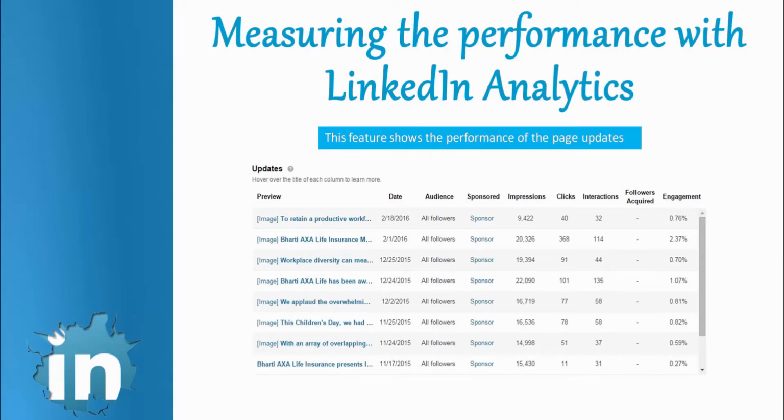Once you click on that, you land on the feature which shows you the performance of the different updates that you have done on your page. These updates are different contents that you have published.